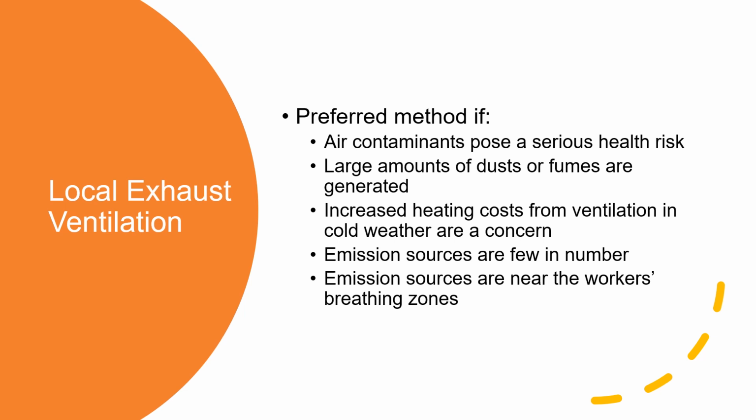So like I said, say you're in a lab and it's just you working with xylene and it's putting off all of these fumes, well, you don't need to change out the air in the entire room if it's just you working in this one little area at the bench. You just need to make sure that you have proper ventilation in that area where you are. So you would use some sort of local exhaust ventilation in that case. And it's also good to use local exhaust ventilation if the emission sources are near the workers' breathing zones.